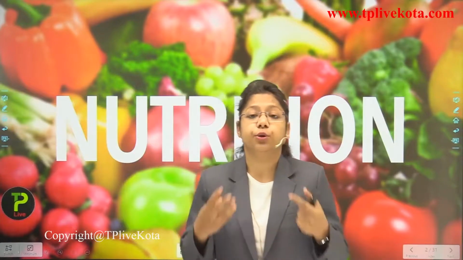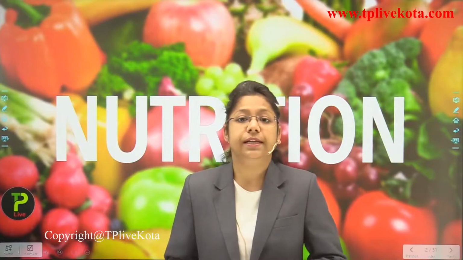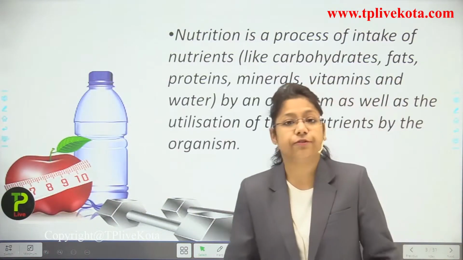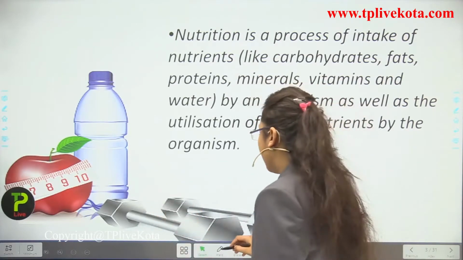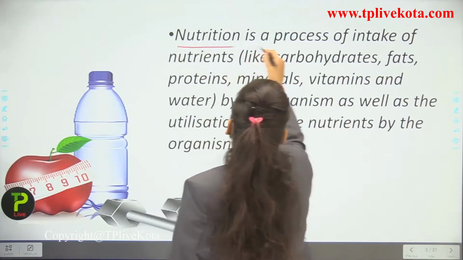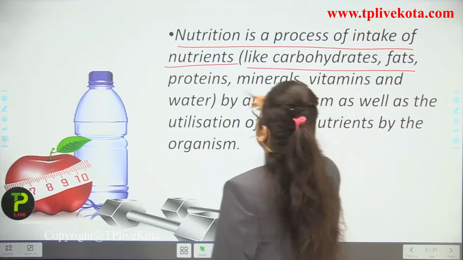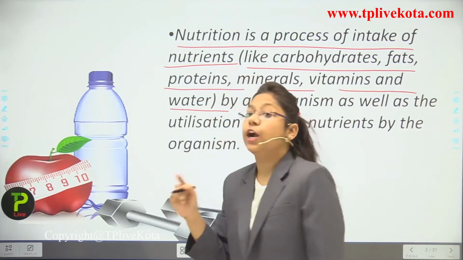Okay students, first I am going to tell what nutrition is about. So first we have to see the definition of nutrition. Nutrition is a process of intake of nutrients like carbohydrates, fats, proteins, minerals, vitamins and water also.